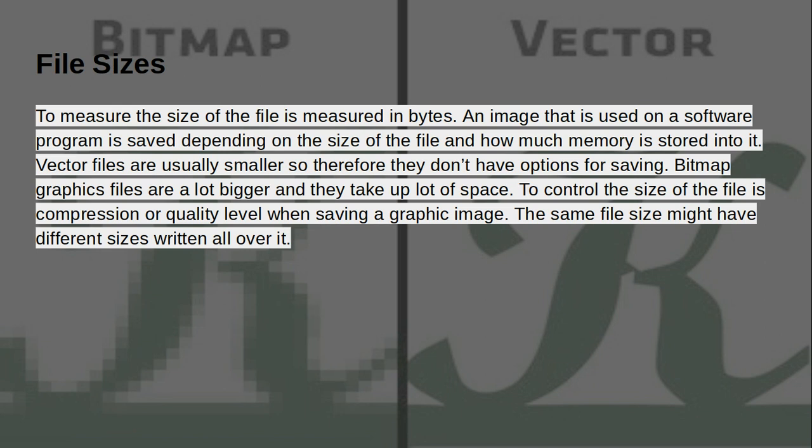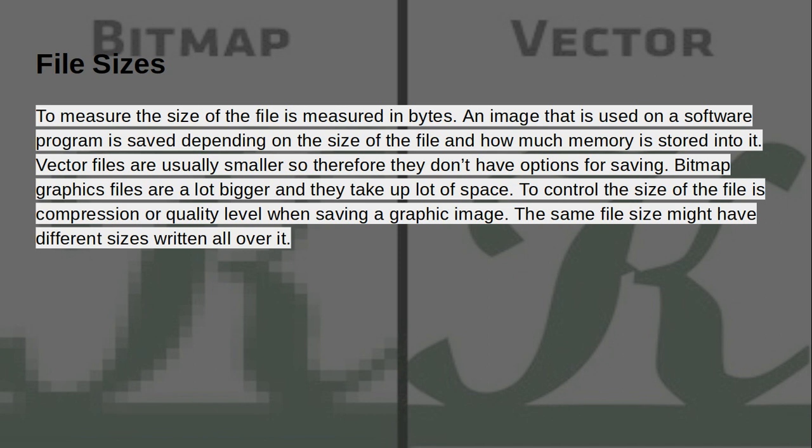Vector files are normally smaller, so they don't really take a lot of space basically. Bitmap graphics are a lot bigger and they take up a lot of space, as I just said. It's the opposite.